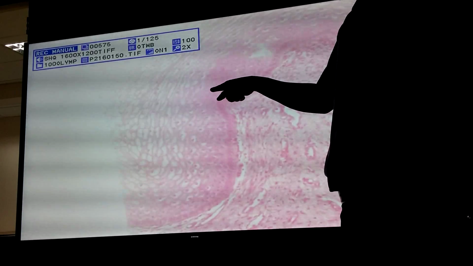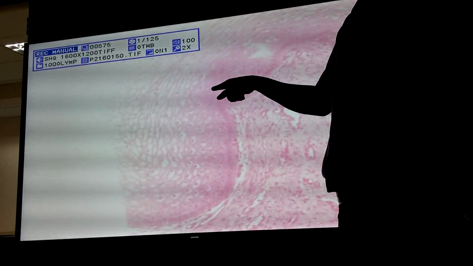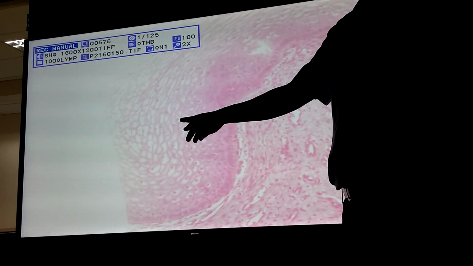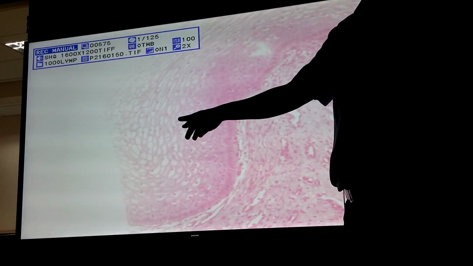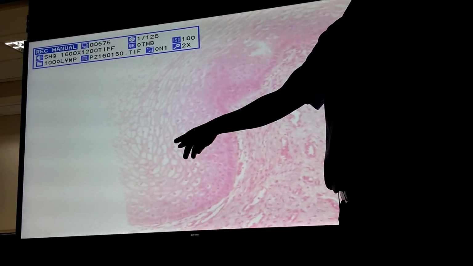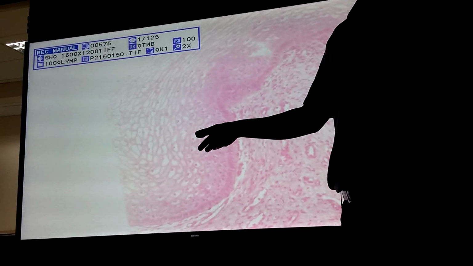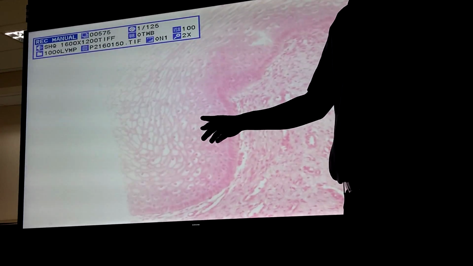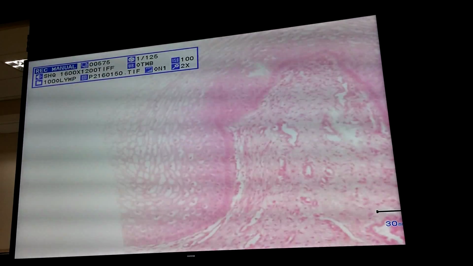Notice that the nucleus is surrounded by pink-colored cytoplasm. When a cell becomes infected by HPV, this is what happens to the cell. The nucleus will become surrounded by a clear halo or a clear space. So this is called koilocytosis, characteristic appearance of the cells infected with human papilloma virus.